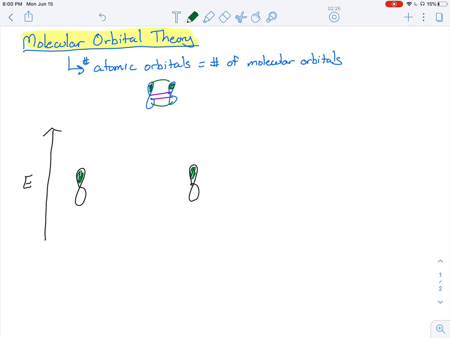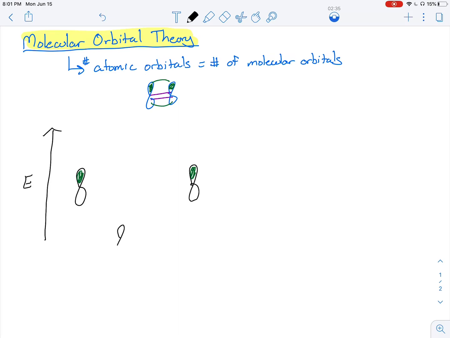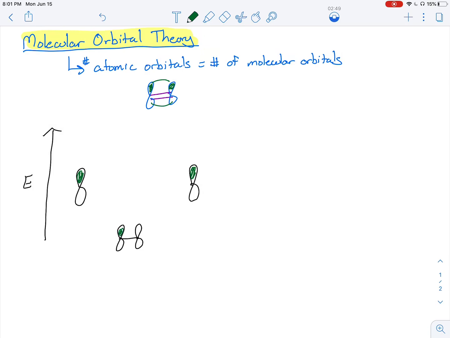One possibility is that those p orbitals come together and overlap this way, which is what we're very used to drawing. In this case, these are in phase. They overlap very nicely, and we can designate it like this.